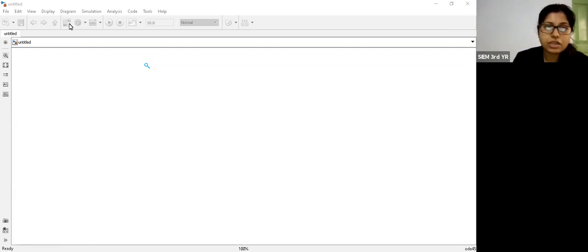Okay. So from MATLAB Simulink, there is a Simulink library browser, and from the Simulink library browser, we only want some specific elements which are required for our electrical experiments. That is Simscape, SimPowerSystems.